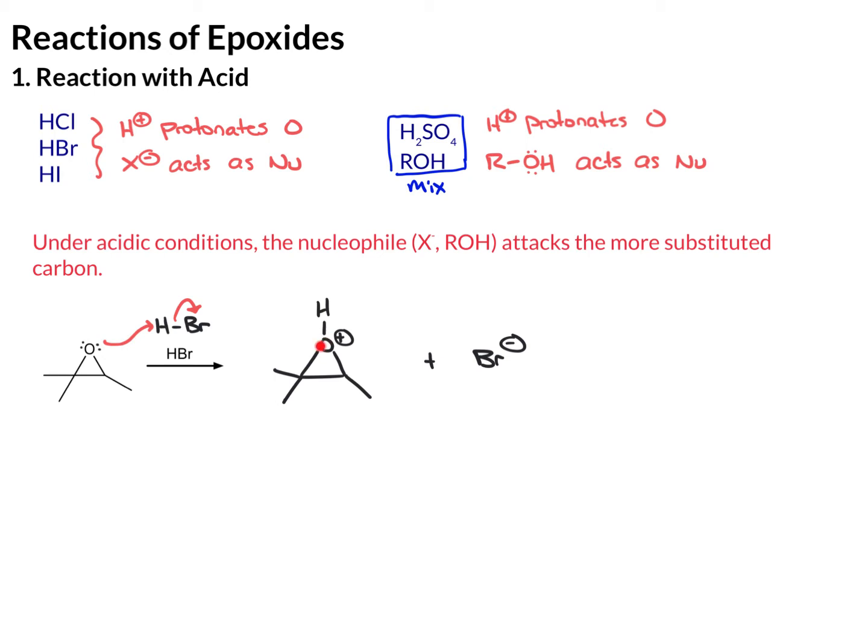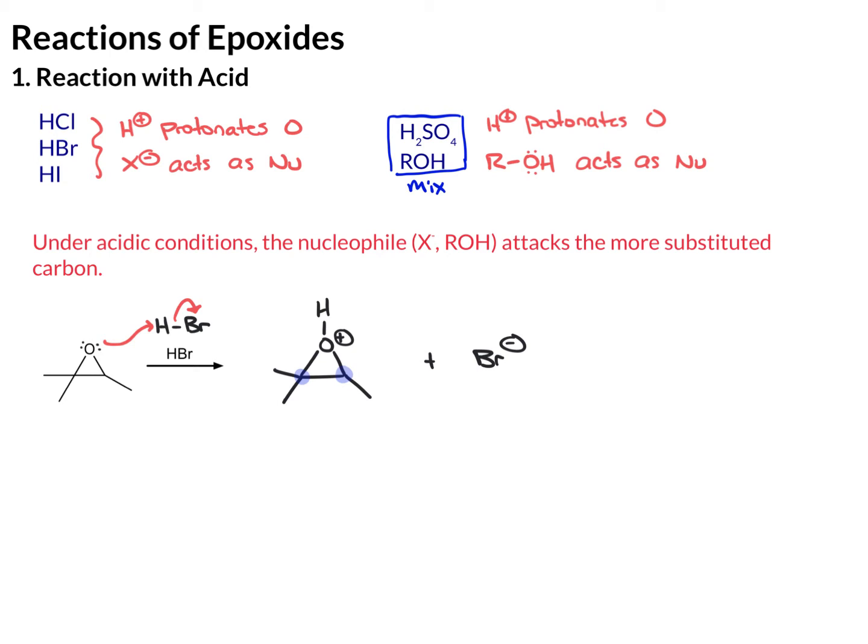Now this oxygen of the epoxide being protonated is a good leaving group. And we have the option for the bromide to attack either of the epoxide carbons. It can attack here or it can attack here. Under acidic conditions, the nucleophile, whatever it might be, whether it's a halide or the alcohol, actually attacks the more substituted carbon.